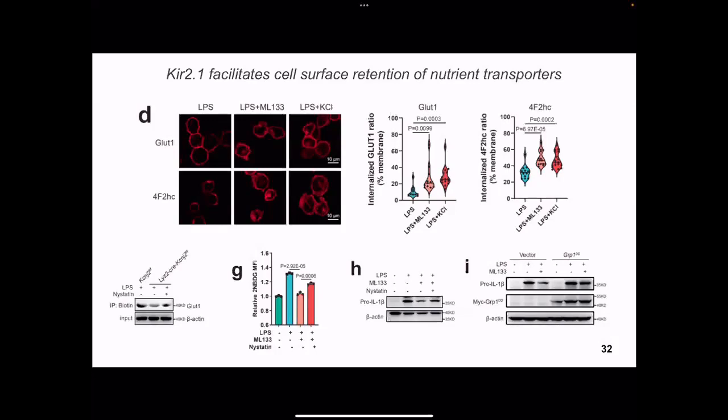Because GLUT1 and 4F2HC are ARF6 GRP1 cargo proteins, they usually can be recycled back to the plasma membrane via the tubular recycling endosome. So we used a constitutively active mutant of GRP1, which can force the recycling of these transporters back to the plasma membrane and prevent their loss. And we found it can largely restore the production of IL-1 beta.